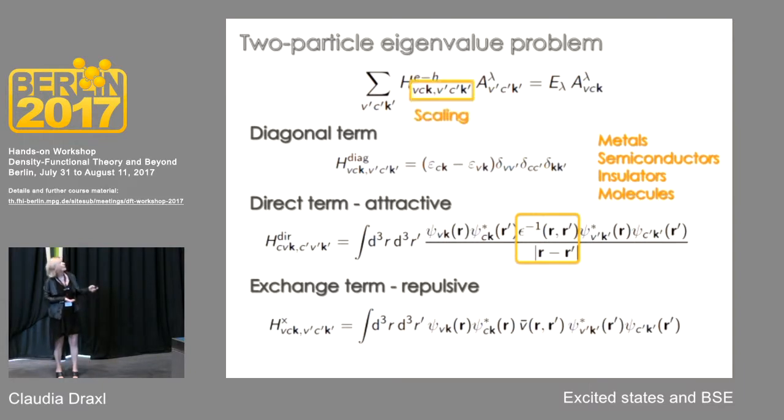So, well, and then looking at these coefficients here, you could also think about what the cost of such a calculation is, because it scales with all these valence bands, the conduction bands, and the number of k and k prime pairs you have.